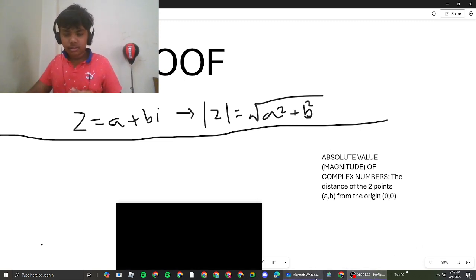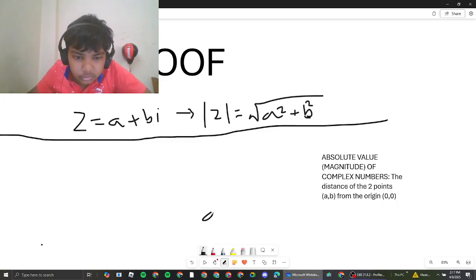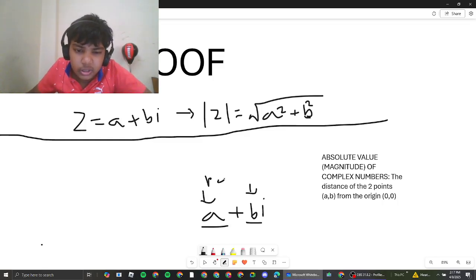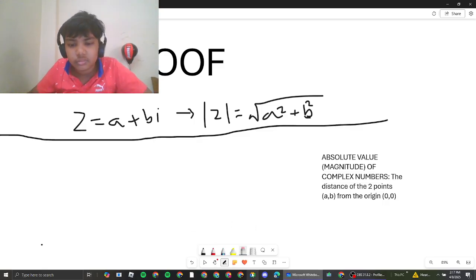That's the distance. If you have a plus bi, these are the points. We can say coordinates. These are also known as the coordinates. Okay, so that's the point.